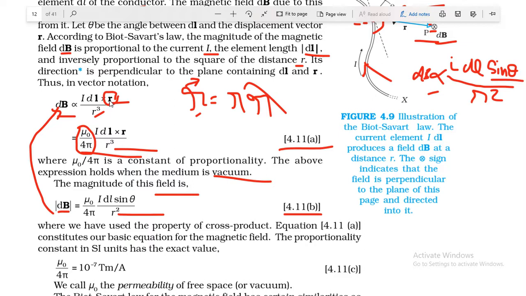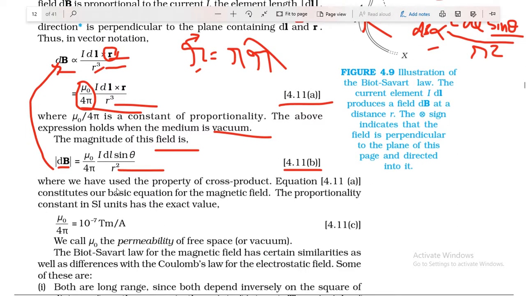If you replace this r by r into unit vector r cap, one r is cancelled and you will get I dl cross unit vector upon r square. So you can write in terms of displacement vector or in terms of unit vector, but this equation is in terms of displacement vector.